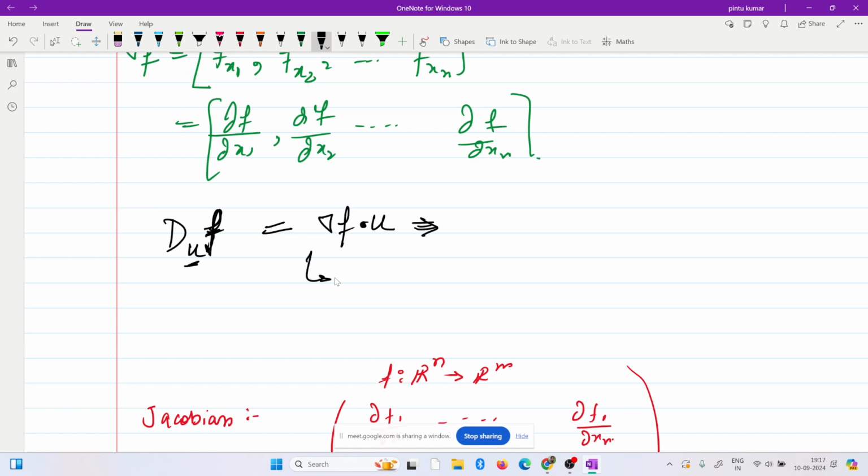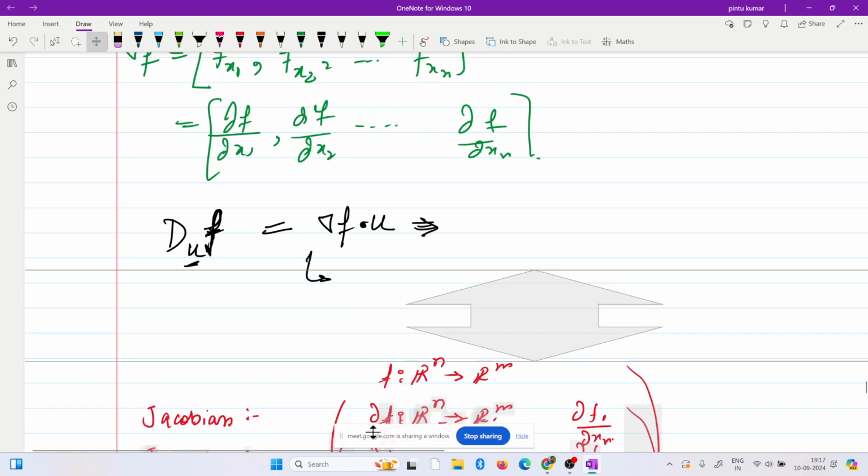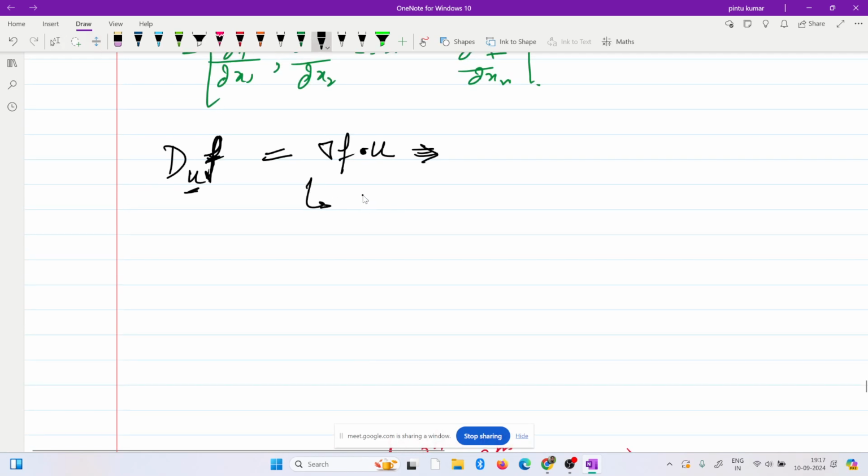Now from this formula, you see one thing. What is this dot product? This is norm of gradient of f into norm of u into cos theta, right? Norm of u is 1 because we have taken a unit vector.